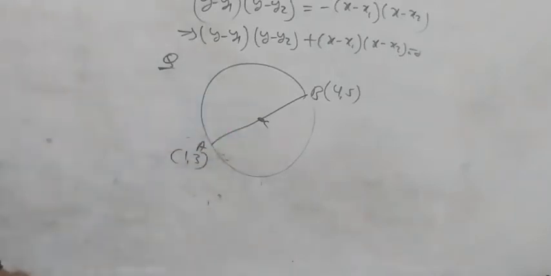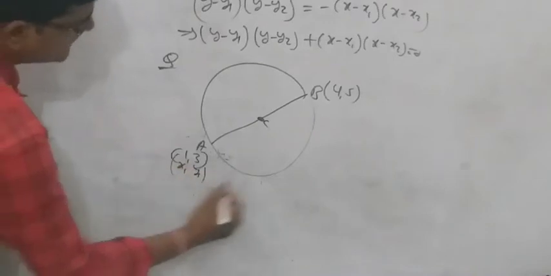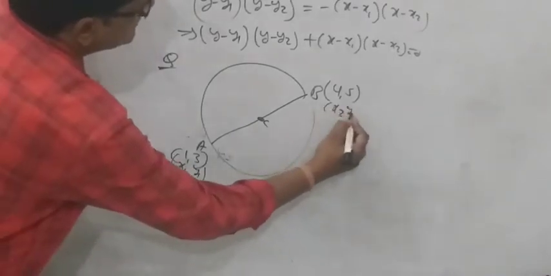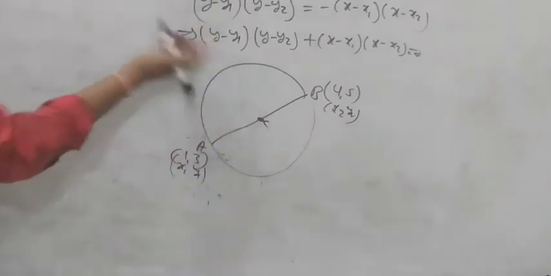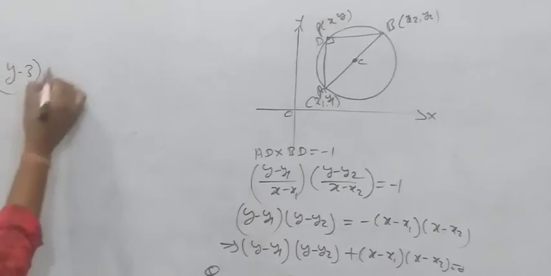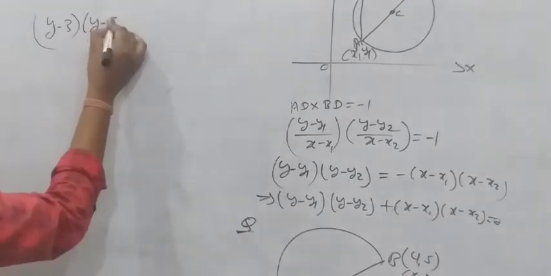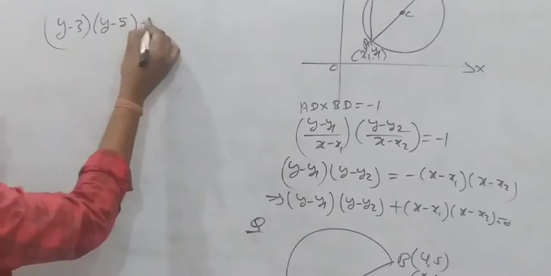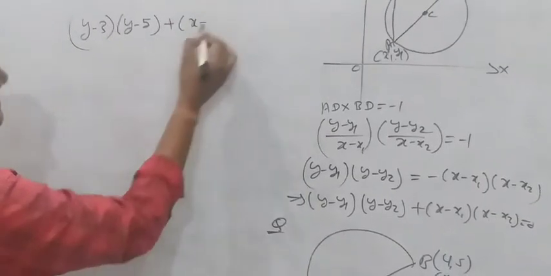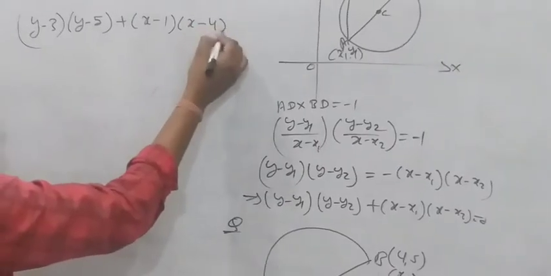How can we find the equation of the circle? With (x1, y1) and (x2, y2), now we can put the values in this formula. (y minus y1) means y minus 3, into (y minus y2) means y minus 5, plus (x minus x1) means x minus 1, and (x minus x2) means x minus 4, is equal to 0.